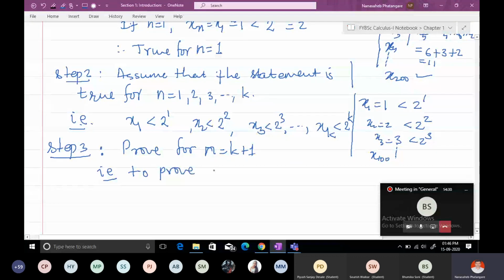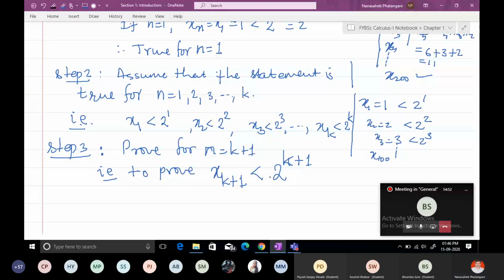We want to prove for n is equal to k plus 1, which means what we need to prove? xk plus 1 is less than 2 raised to k plus 1, right? So this is what we expect. Am I right? Yes, sir. Okay, very good.